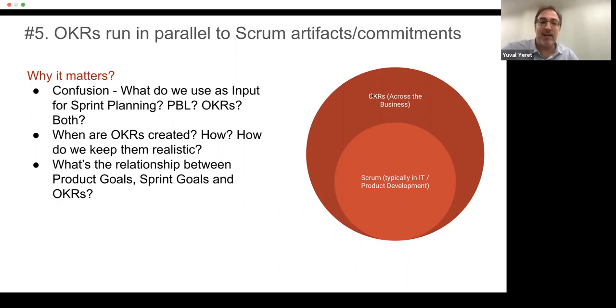So elsewhere in the organization, we don't necessarily have the right operating system to implement empiricism and organizing around value and working in a way where OKRs would not be something that you set at the beginning of the quarter and then forget about during the day-to-day.